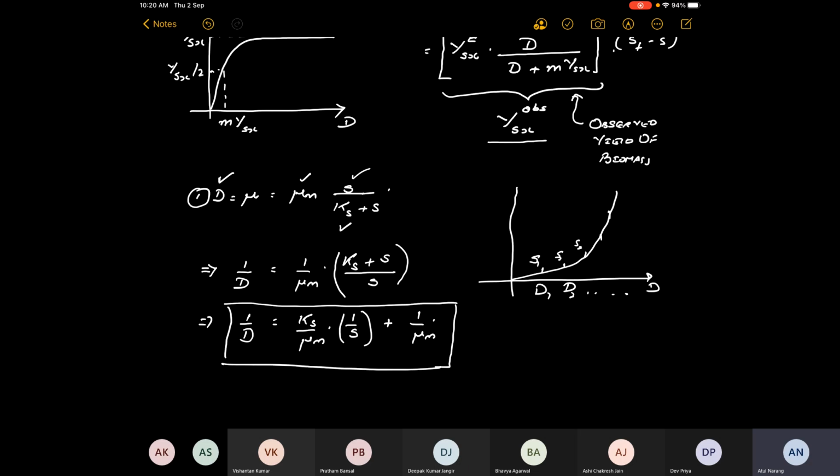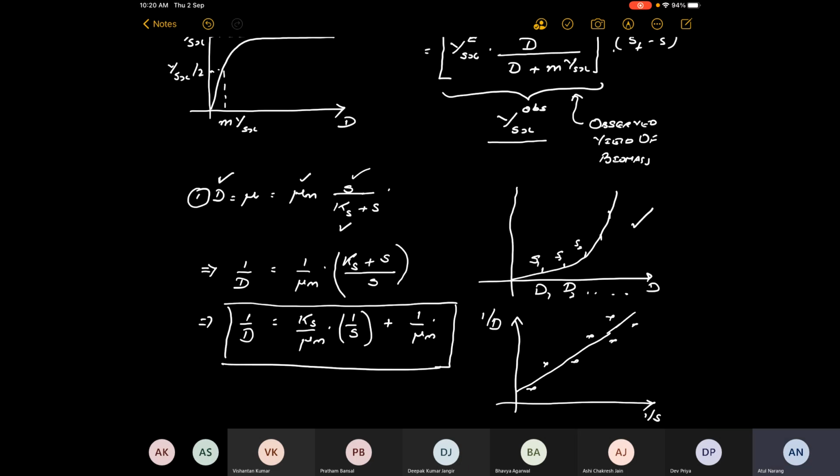If I were to plot from the data 1 over D versus 1 over S, what I should get is a straight line with a positive intercept. So my points on the upper graph reduce to a straight line.